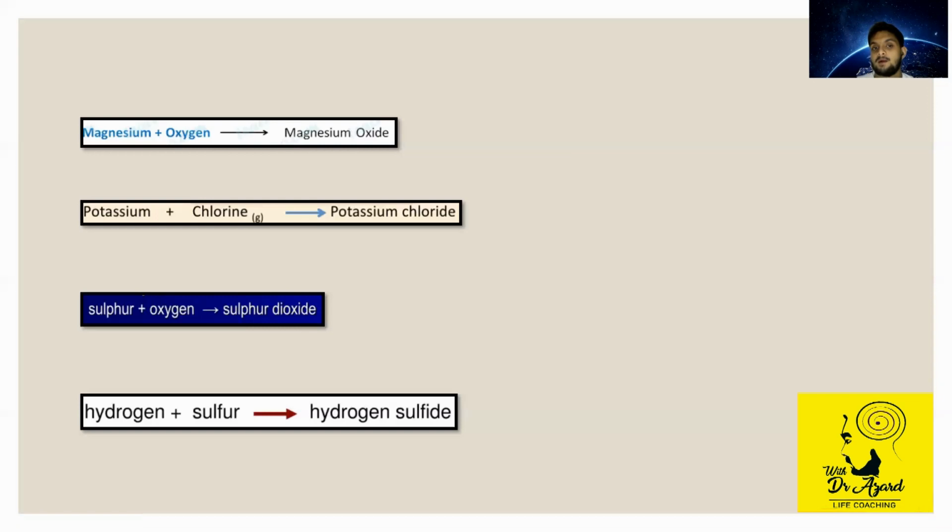Similarly, another question can come: when potassium and chlorine react, can a product called potassium chlorine form? No, it can't. The only possible product is potassium chloride, not chlorine. These are small things that are very important, and you will definitely be questioned on them in your assignments.